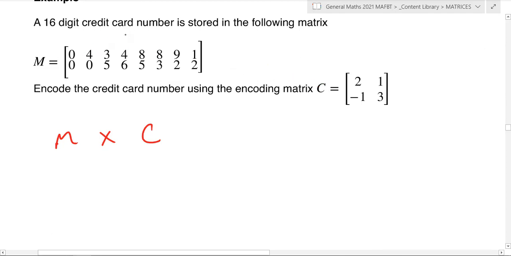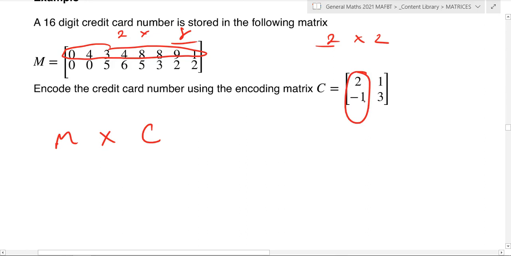Because the order of this is 2 by 8, and the order of this is 2 by 2. Notice how the middle numbers are not the same, and the number of columns won't correspond with the number of rows. All right? It's not enough numbers. So M times C is not going to work.